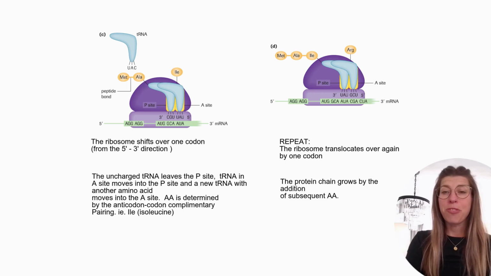And the ribosome shifts, another tRNA can come into the A site, and this is bringing arginine, and this happens over and over and over again. Okay, and this is how the polypeptide chain will grow with multiple amino acids being bonded by peptide bonds there.